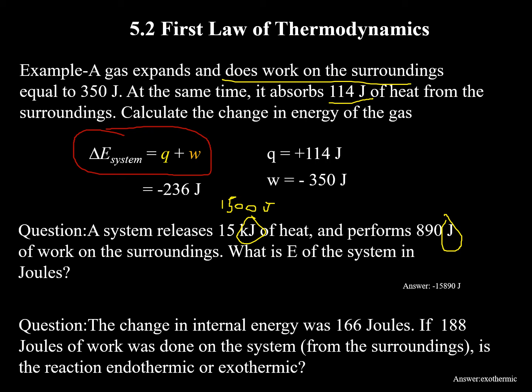Again, these will be posted on the CUNY Blackboard Commons site for SEC 201. The question here reads, the change in internal energy was 166 joules. So if we have delta E equals Q plus W, the internal energy here would be 166. If 188 joules of work was done on the system, that's plus 188.